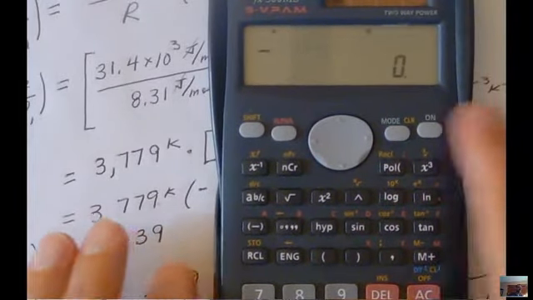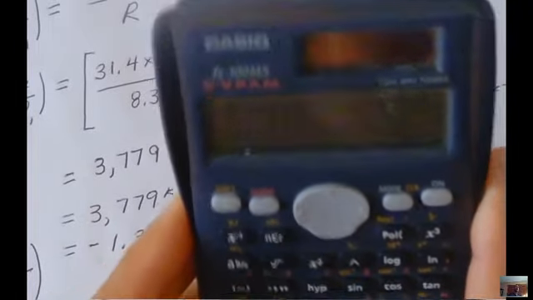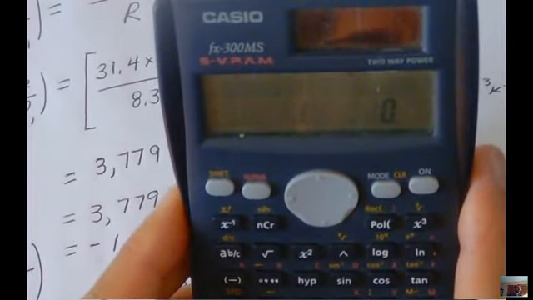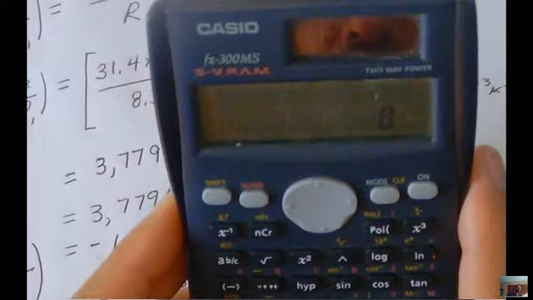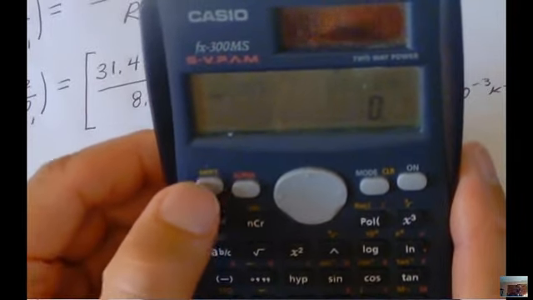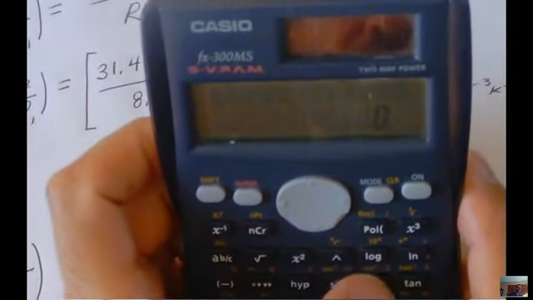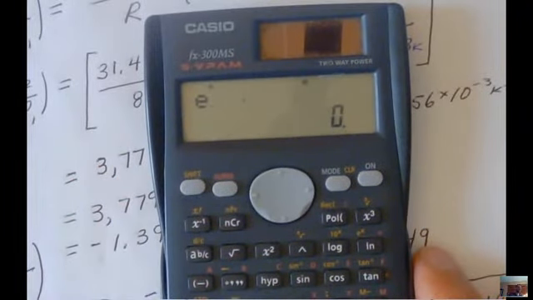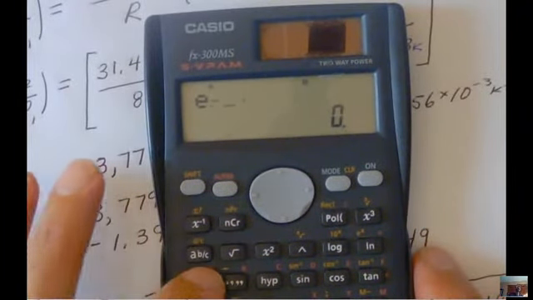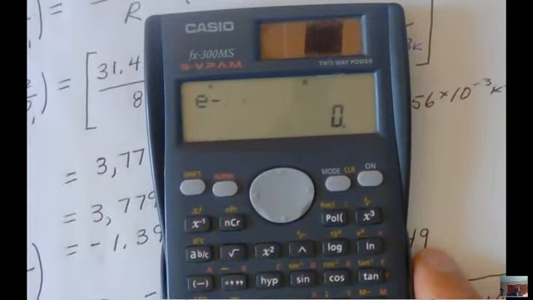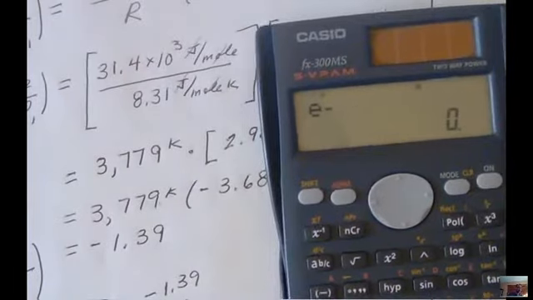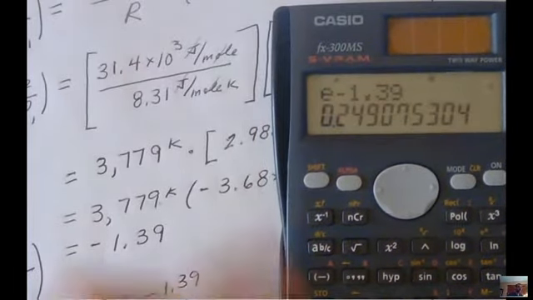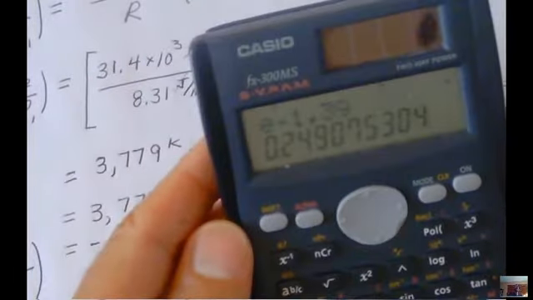Oops, syntax error, so I must have put it in wrong. Try it one more time. Let's do this. Negative... I'm not going to raise it, I'm just going to say e, and I'm going to put negative 1.39, and that's all I had to do.